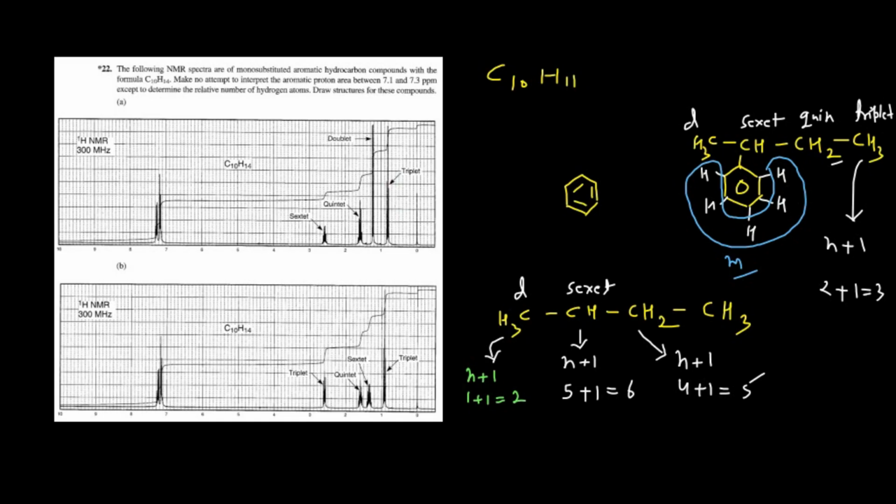Now you can go for the chemical shift as well. You can see here, the most downfield signal will be due to the hydrogens on the benzene ring, which resonate at 7.1 ppm. So this signal's chemical shift is somewhere around 7.1 ppm.